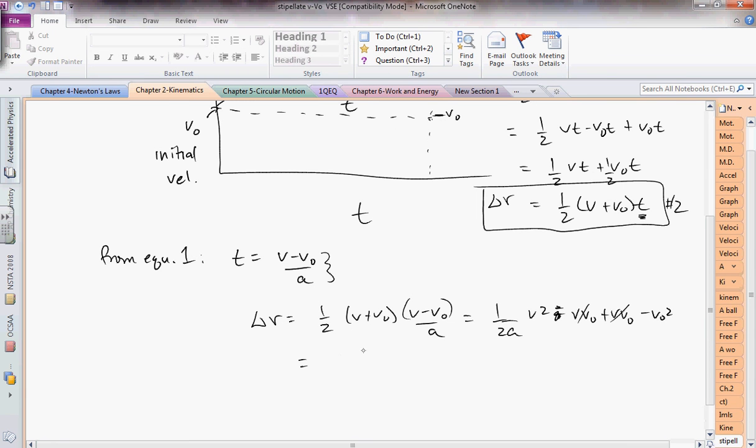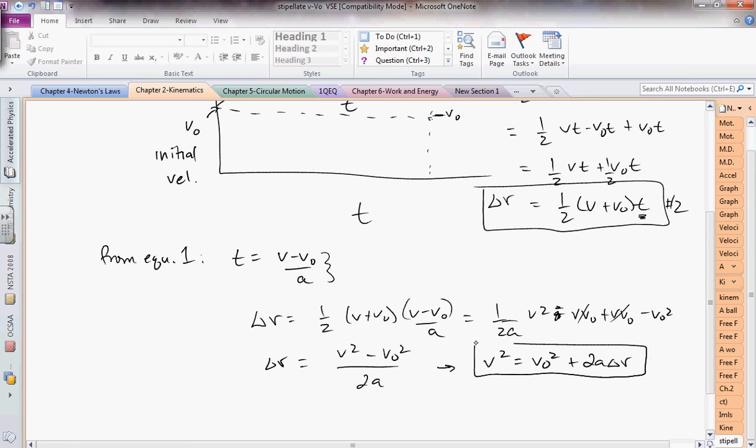This will give us (v squared minus v naught squared) over 2a is delta r, and this is usually rewritten in a slightly different form. It'll be written as v squared is equal to v naught squared plus 2a delta r. So this is our third kinematic equation, and this is very useful if we don't have time.